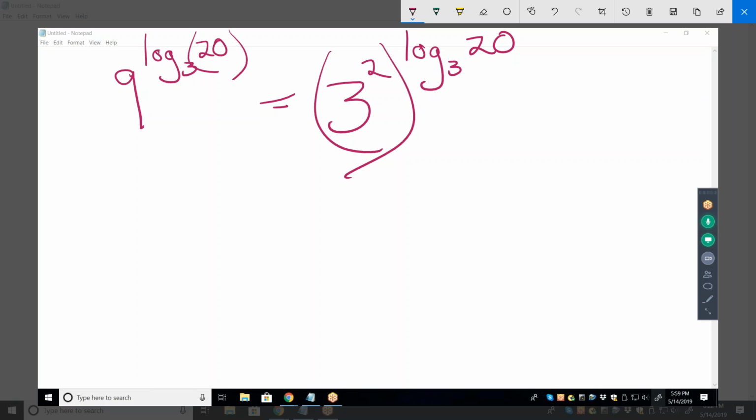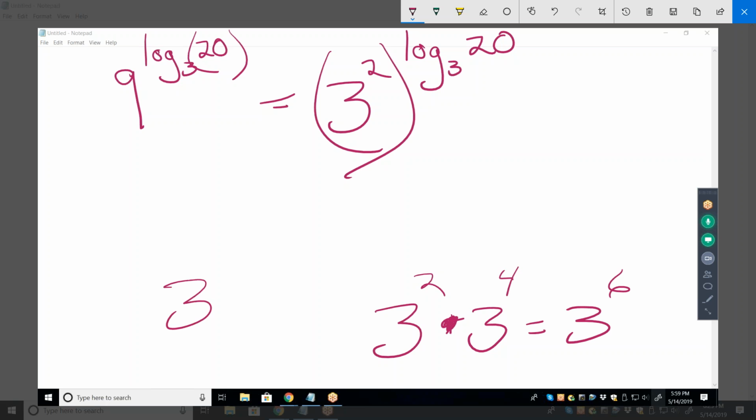In other words, if I have 3 squared multiplied by 3 to the 4th, what do I do to the exponents? You add them. So that's 3 to the 6th. If I have 3 to the 7th divided by 3 to the 4th, what do I do to the exponents? You subtract them.